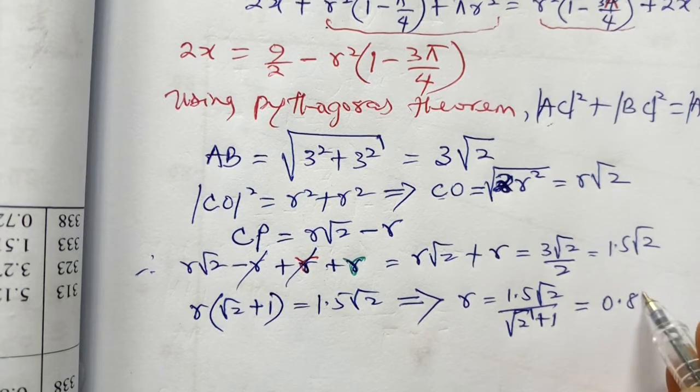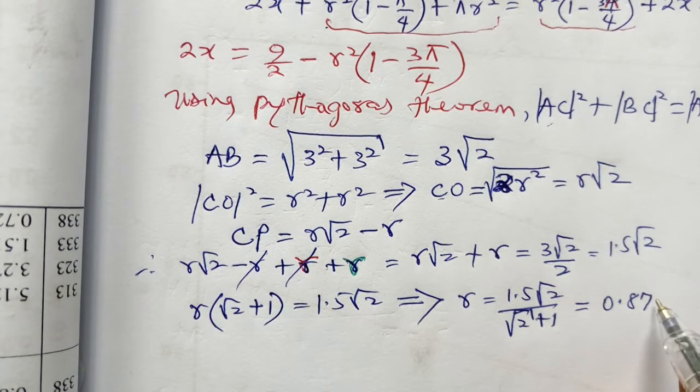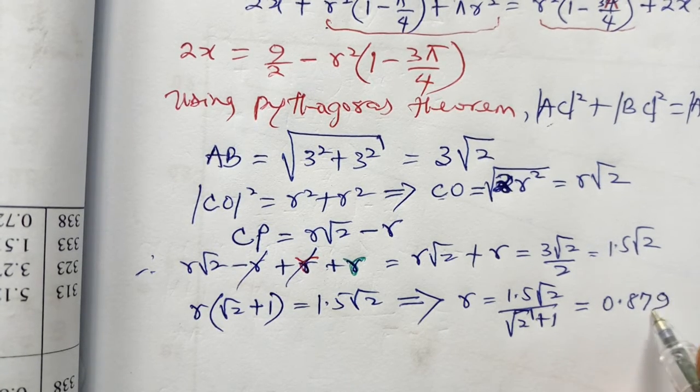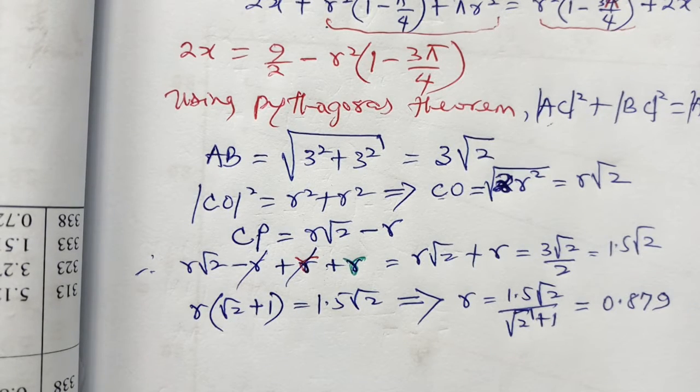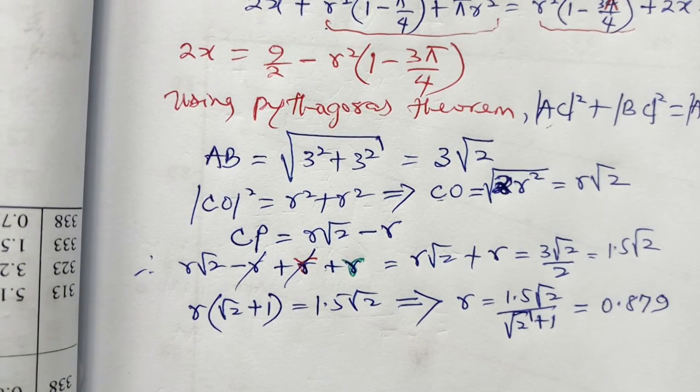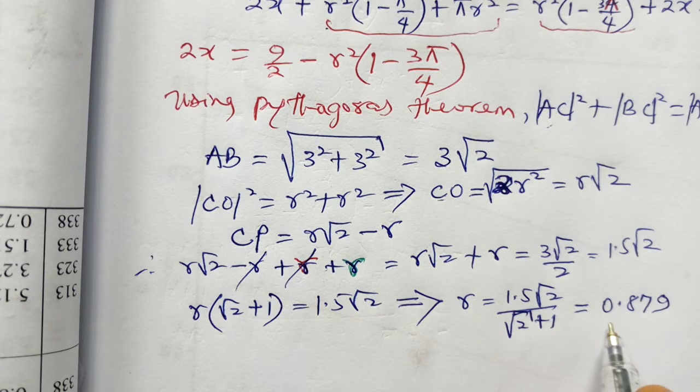If we use a calculator, R is equal to 0.879. So that is what we will have that to be. We can now substitute this R into our area for the circle.